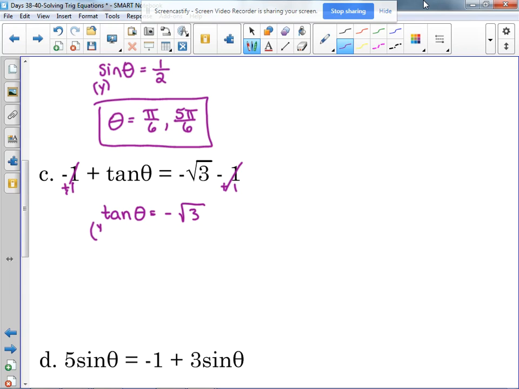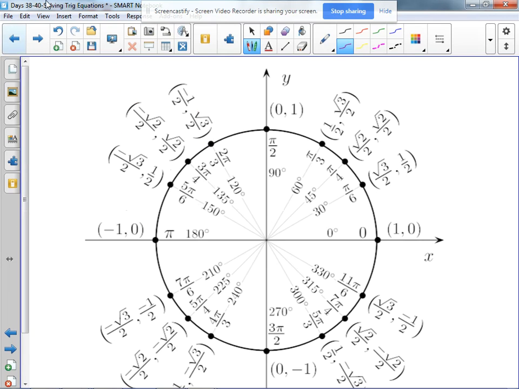So tangent is our y over our x. Hopefully you're getting used to the tangent values as well. So we need to put the y over the x and end up with just the √3. So I'm thinking 60 degrees. If we put the y over the x and we flip and multiply, we do end up with the √3.